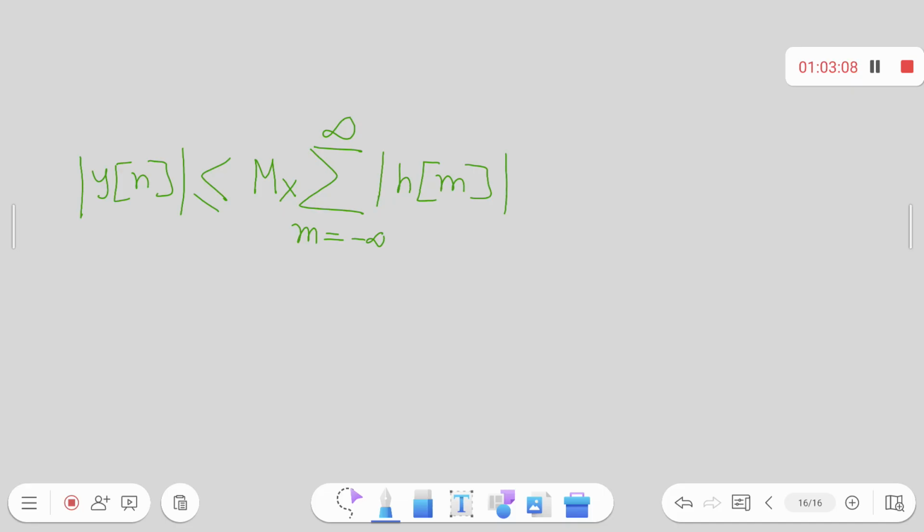Now I have to ensure that if the output is bounded, this entire thing has to be less than or equal to some my, which is less than infinity for all n. This summation, this entire thing.